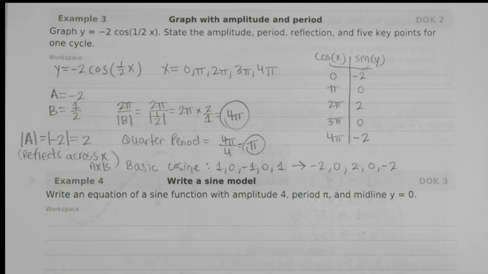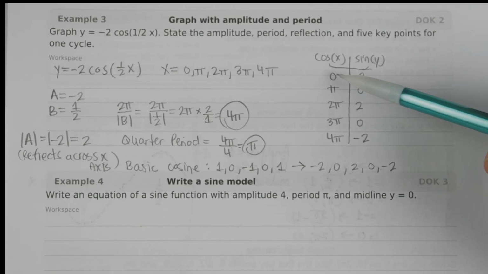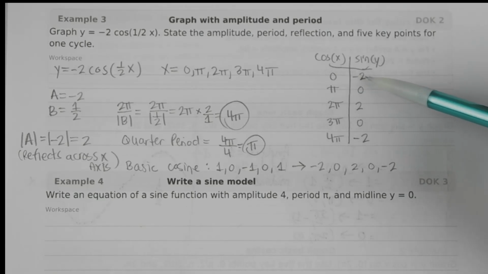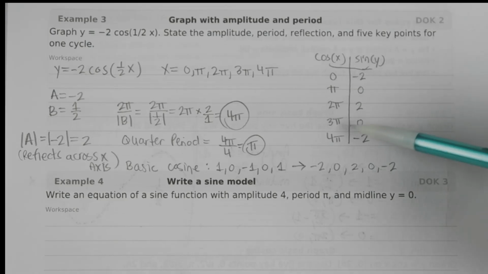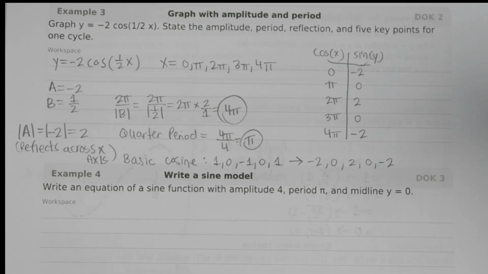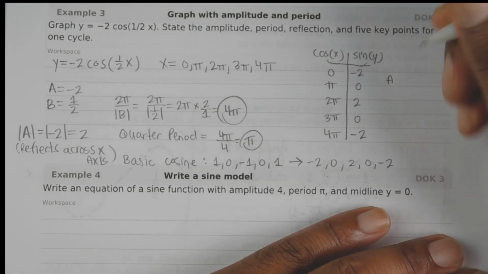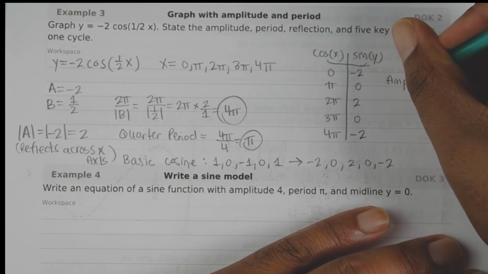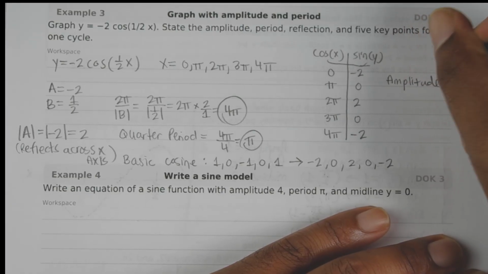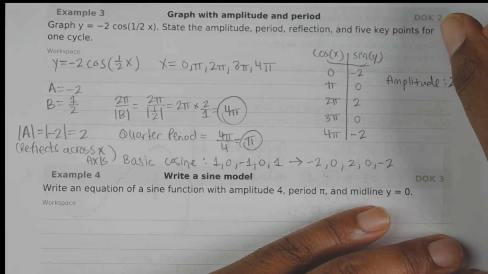So again, the amplitude would be 2, right? Notice the distance between them would be 2, 2, 2, okay? So the amplitude is 2.